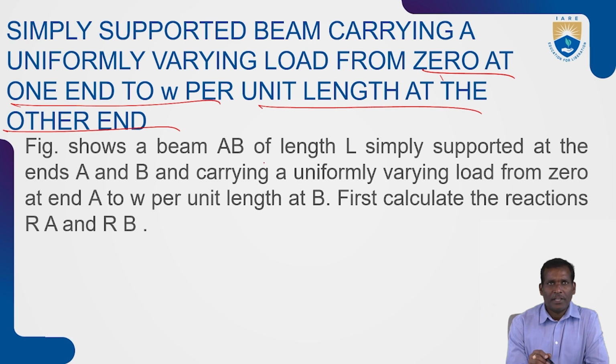The figure shows beam AB of length L simply supported at the ends A and B, carrying a uniformly varying load from 0 at end A to W per unit length at B.